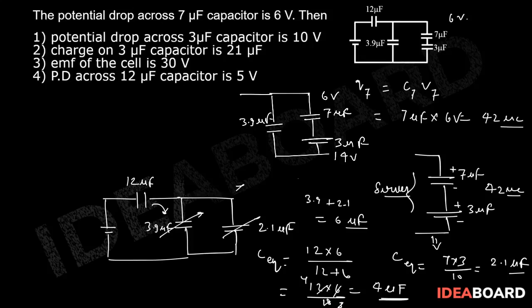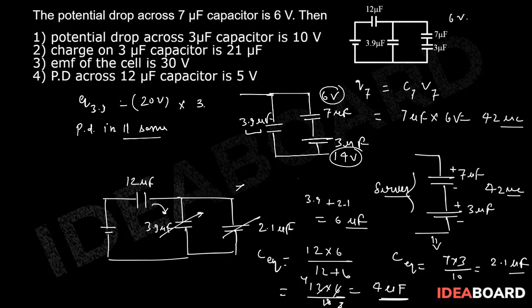So the total drop will be 20 volts. Once we get this 20 volts, the charge on 3.9 microfarad will be 20 into 3.9, because the potential drop in parallel is the same. So the total charge will be 78 microcoulomb.